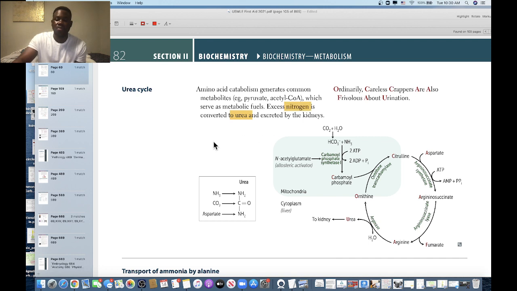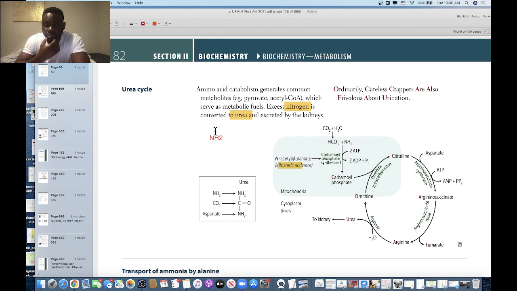As we said, the functional group is NH2. After breaking down the amino acid, we'll have to do something with the NH2. So the nitrogen part is what is going to form the urea at the end of the day.